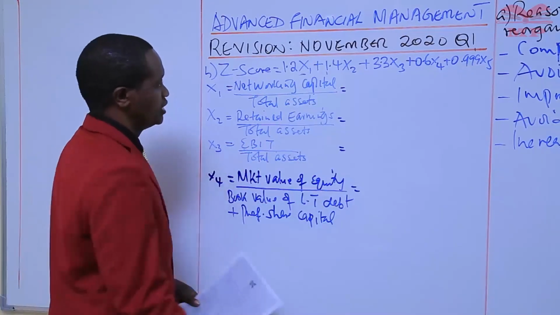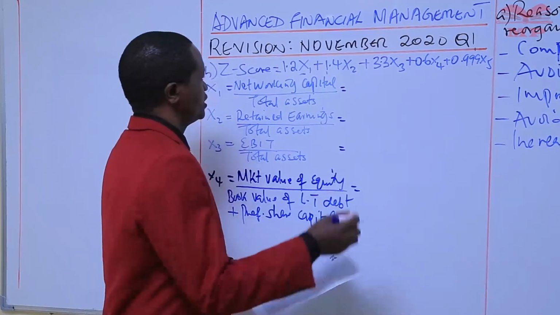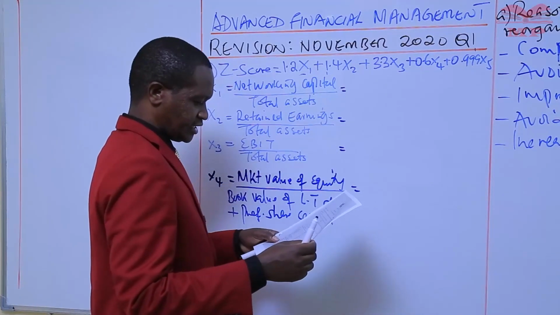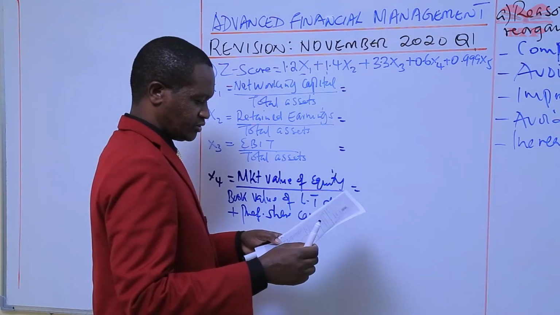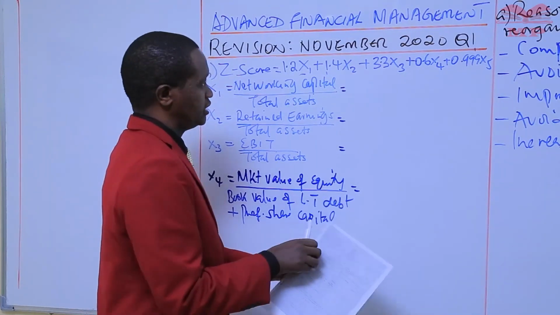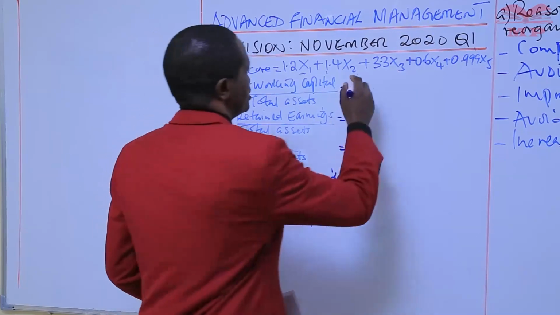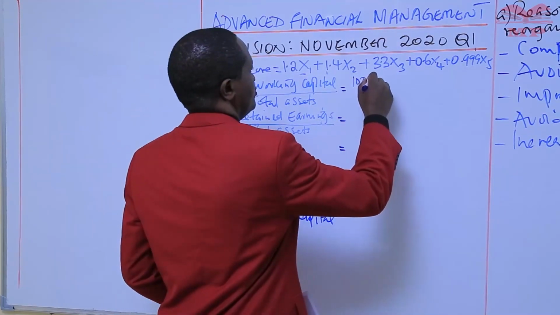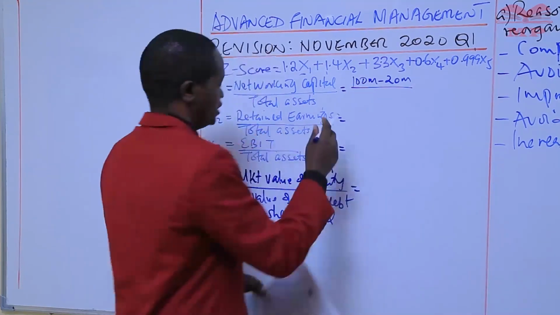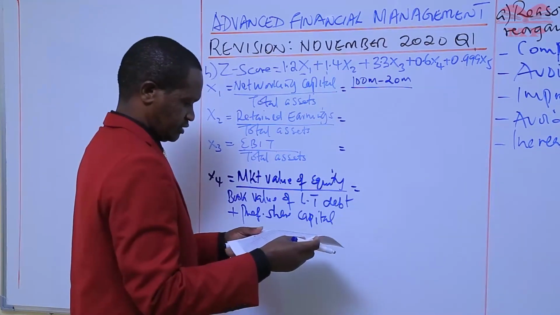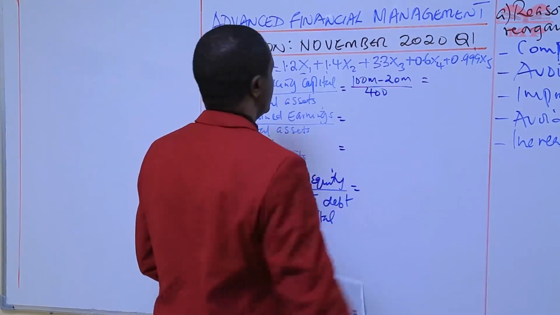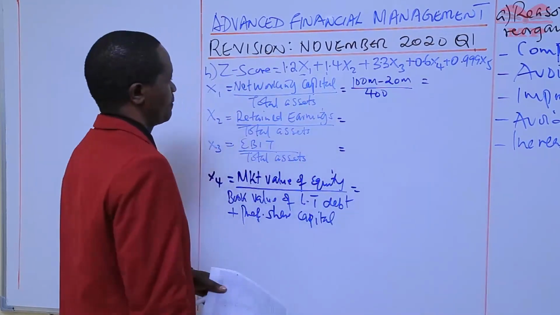So candidate, the net working capital is current assets 100 million minus current liabilities 20 million, divide total assets 400 million. That will give us the X1.